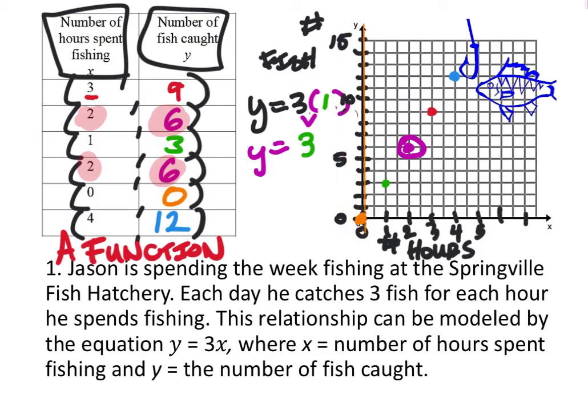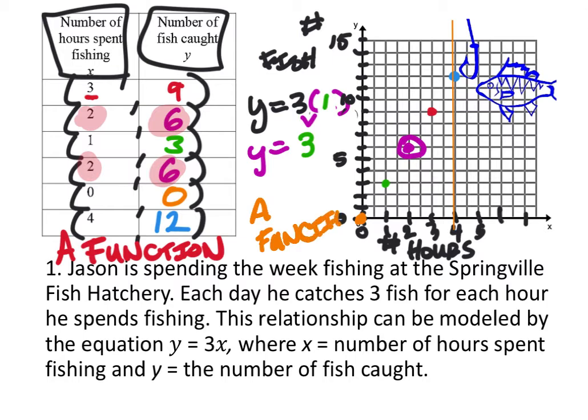So I connect with the orange point there at the bottom, but it doesn't connect anywhere else. There's no other points on that line. Same with the green one. Same with the purple one. Now, the purple one happened twice right there, right? But it's at the same point, so it's not technically different. So I keep scanning the red, but there's no other points on that vertical line, and then the blue, all right? So from the vertical line test, on this one, we would also say that it is a function.